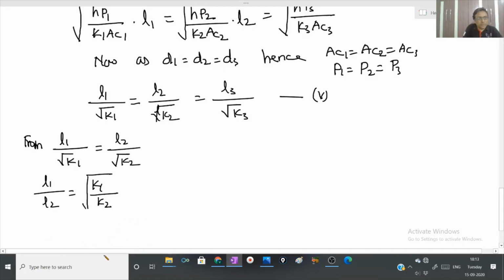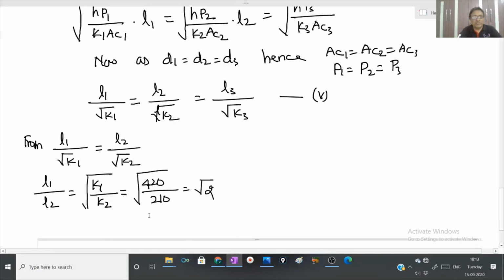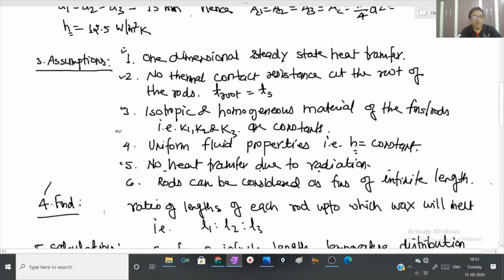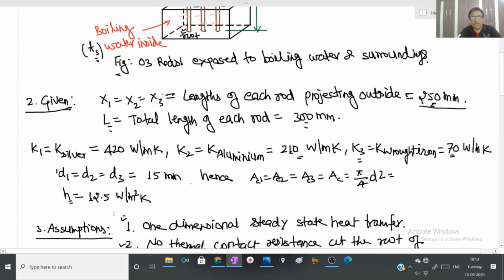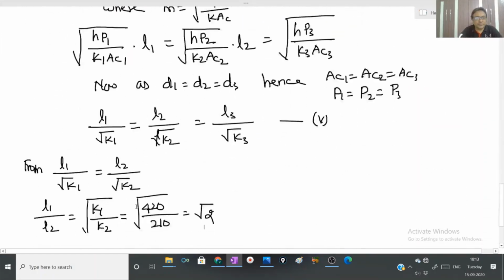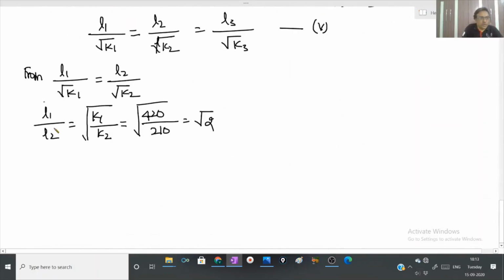K1 value is given to me as 420 and K2 is 210. So this will be square root of 2. Let us check these values because I could remember them: 420, 210 and 70. So from this, L1 over L2 is 1.414.